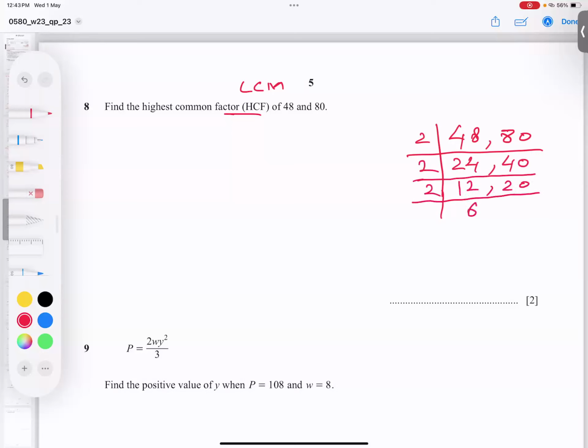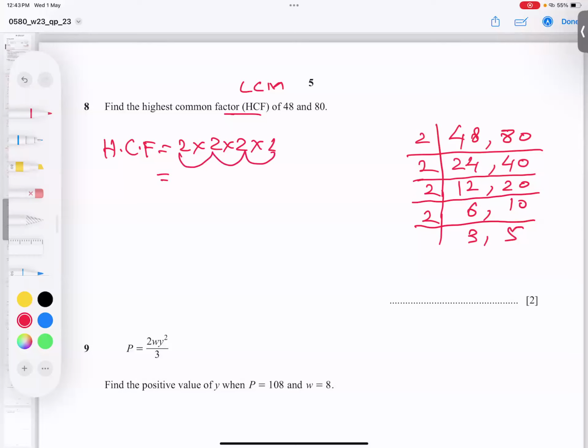So 2 6s are 12, 2 10s are 20. So 2 3s are and 2 5s are. Can I divide further? The answer is no. So the product of these numbers is called HCF. So 2 into 2 into 2 into 2, 2 times 4 times 8 is 16, our answer.